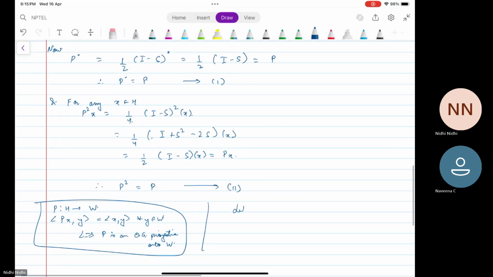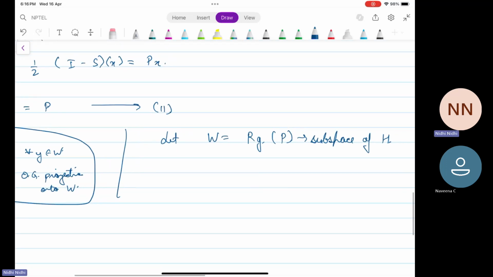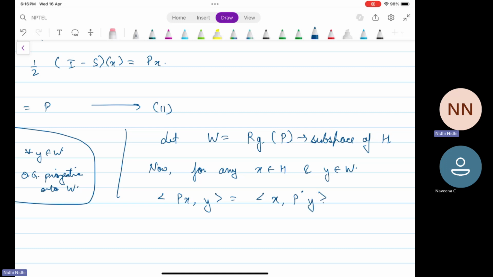Now let W be the range space of P. Obviously, this is a subspace of H. Now, for any X in H and Y in W, Pxy is equal to X P star Y by characterization of adjoint.